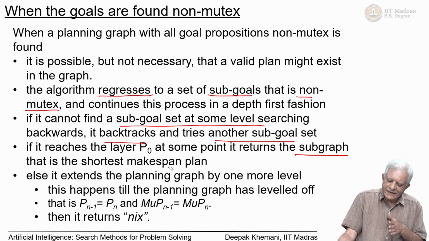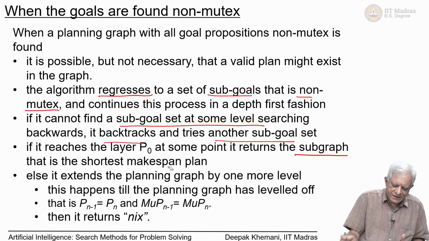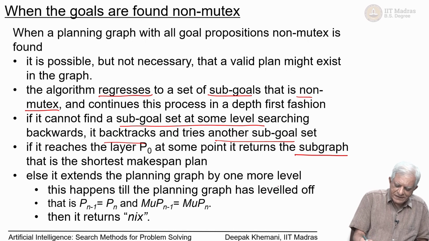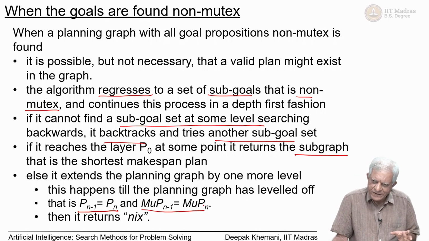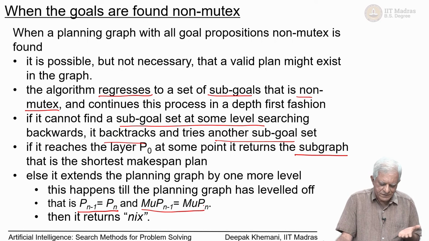If while creating the next layer we reach the other condition, that the graph has leveled off, and we said that it levels off when two layers have the same propositions and the same mutex relation, that is, you cannot add any more propositions and the mutexes are not declining, then you can report failure.